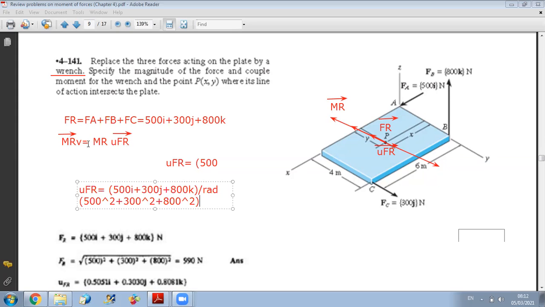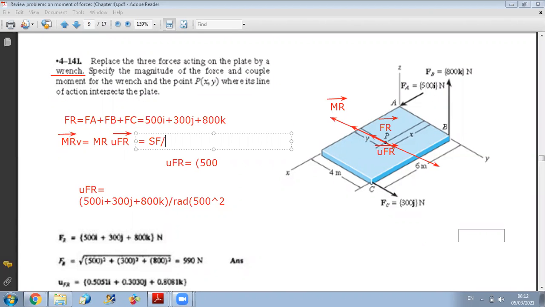So now we will say that this vector, which is Mr times the unit vector of Fr, is equal to the sum of forces about P and the sum of moments of forces about P, and of course we consider all forces' moments, and in case we have couples, we add them. Here we don't have moment vectors, so we just have the moment of forces about P. So I will calculate the moments of these forces about P. The easiest way here is to use the vectorial method.